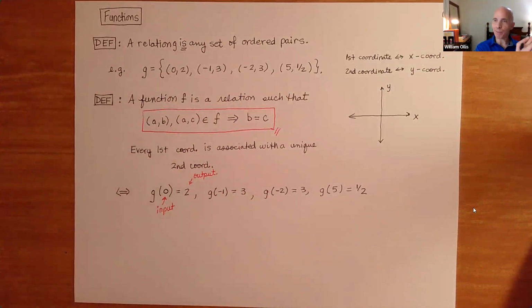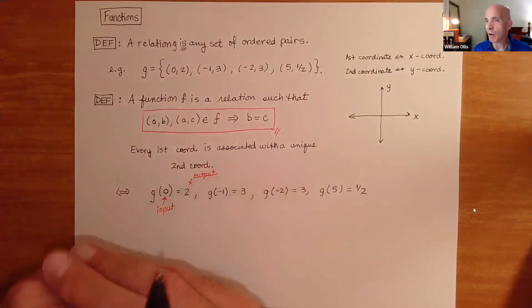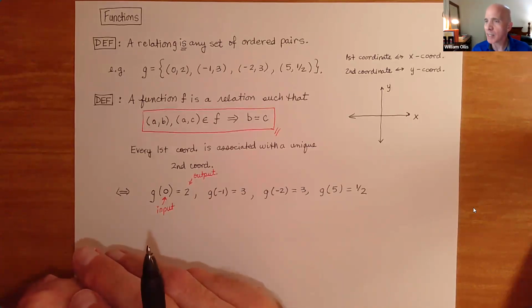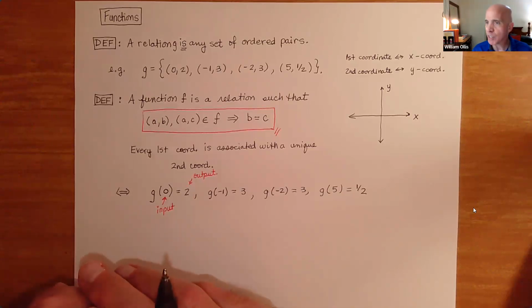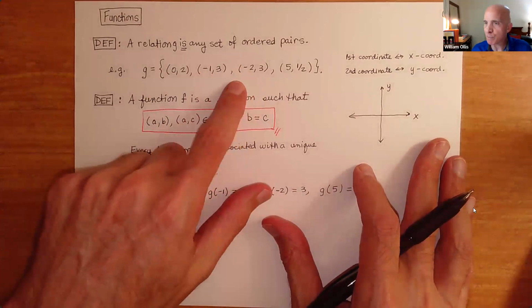It's like the input has a home, and then G maps into the output, and all of the homes have single occupancy, so to speak. That's what we're going to talk about with one-to-one function. I want you to get thinking about that right now. Later on, we'll say more about it and be much more formal in the definition. But don't have any issue with the outputs being repeated.